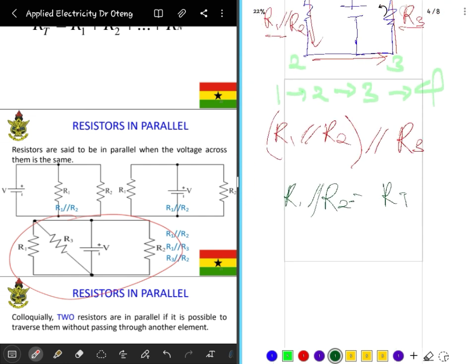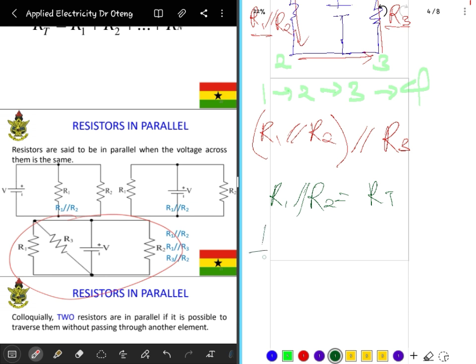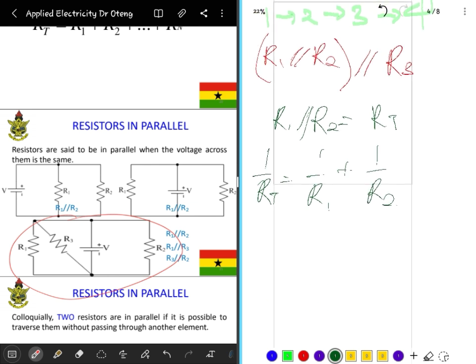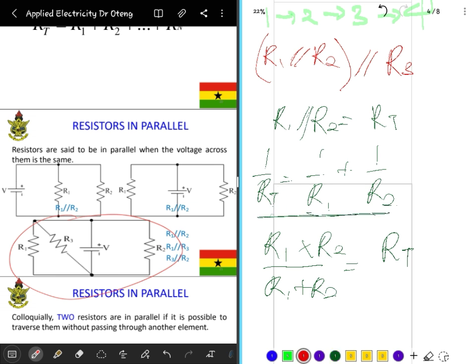For a parallel circuit, we have 1 over RT is equal to 1 over R1 plus 1 over R2. Because there are just two resistors, you can write it as product over sum: R1 times R2 all over R1 plus R2 is equal to RT. This can be quite confusing, because if you remember this formula and you don't invert it, since we have 1 over RT here, you get a different answer. So it is good to consider this.